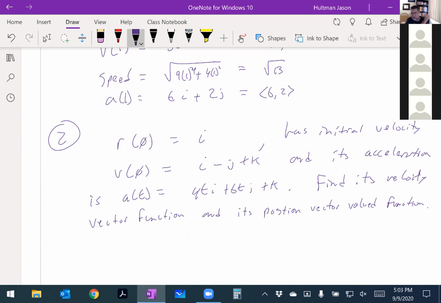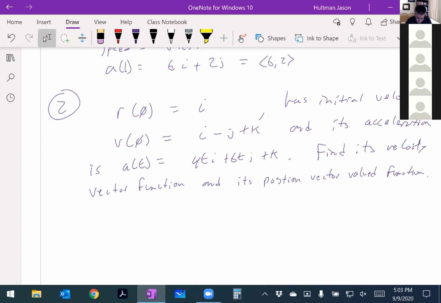Okay, so basically what they're doing is they're giving you initial conditions so that you can work backwards. So notice that basically we have r of t, r prime of t, and r double prime of t. And they're saying r double prime of t is equal to 4ti plus 6tj plus k, right?